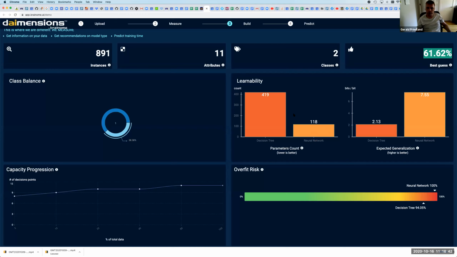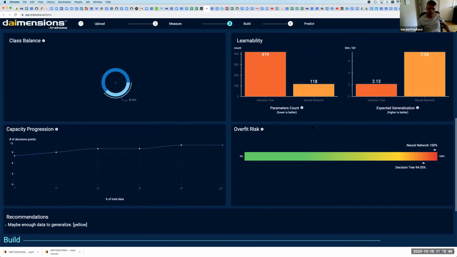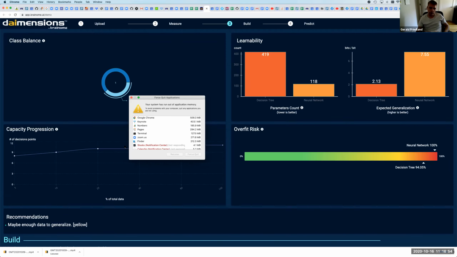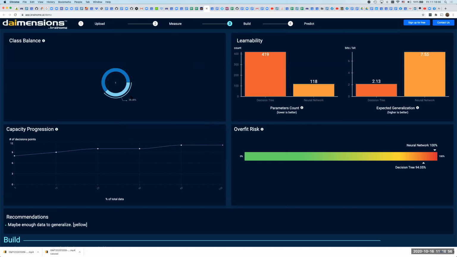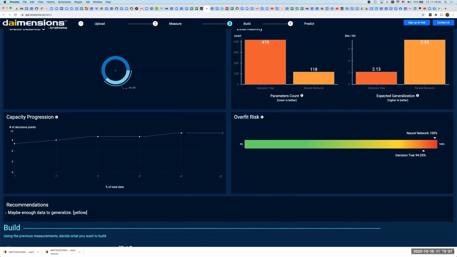So that gives us the learnability of this data set given a machine learning. Now we ask ourselves, what if we had the optimal machine learning? That's just a fictitious optimal machine learner, just like we have a fictitious optimal encoder when we calculate entropy. Given that fictitious optimal machine learner, we want to know if we have enough data.